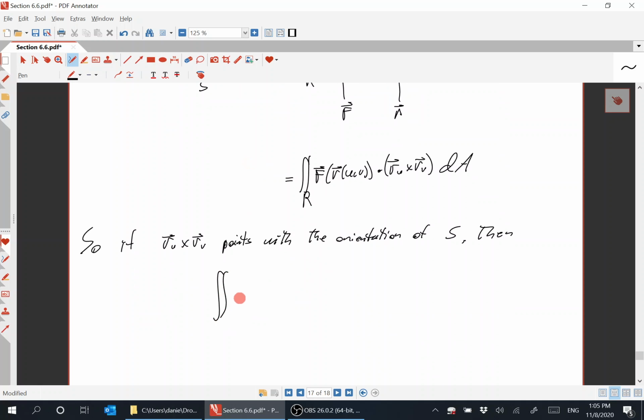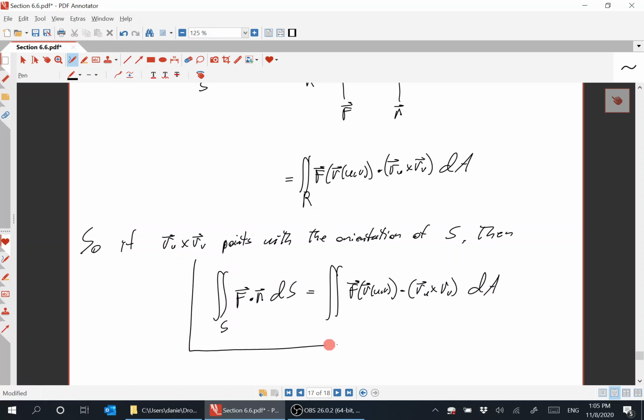The double integral of F dot n dS is equal to the double integral of F(R(u,v)) dot Ru cross Rv dA. So that's the vector surface integral. That's the definition of the thing. That's how it's calculated. Pretty cool.